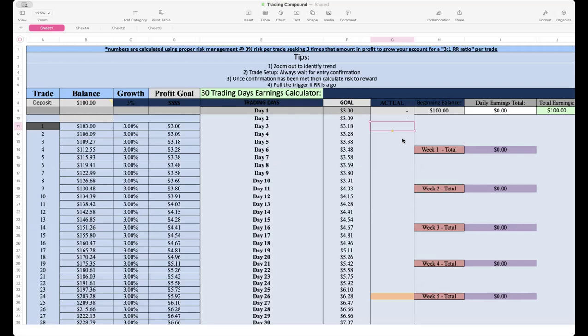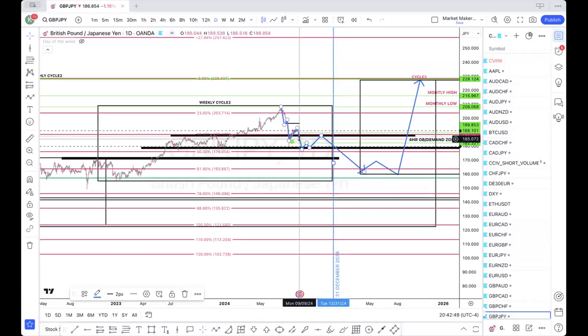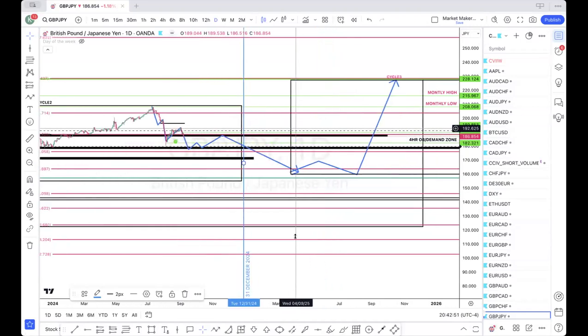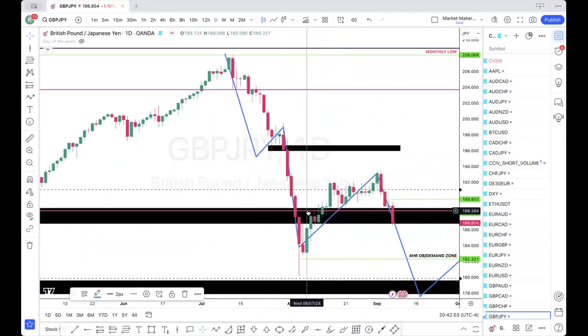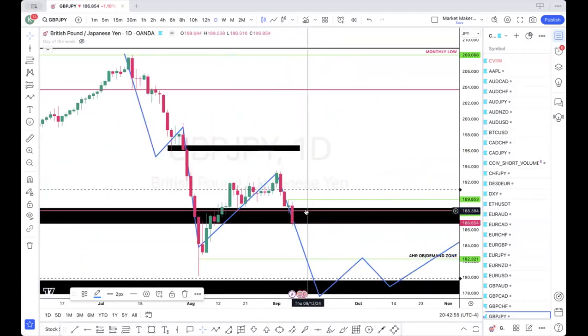Okay. Now, although I said, once price pushes up, let's say price pulled back by Tuesday.